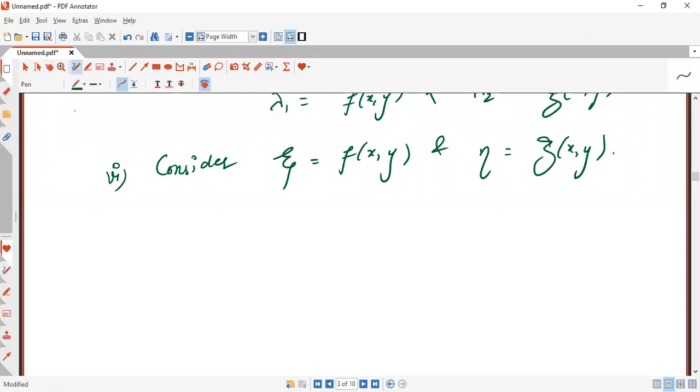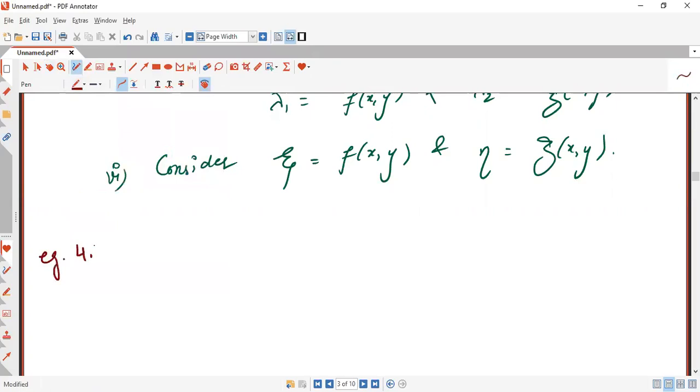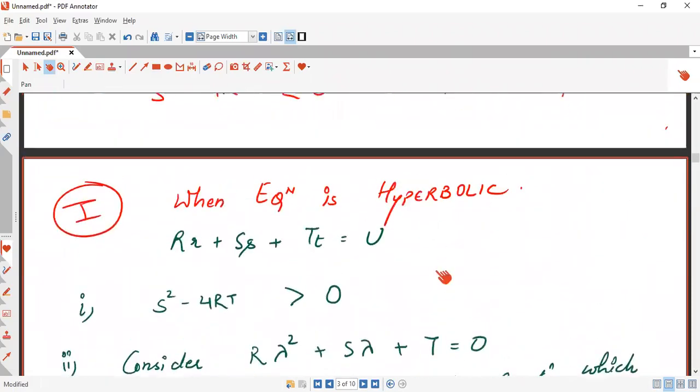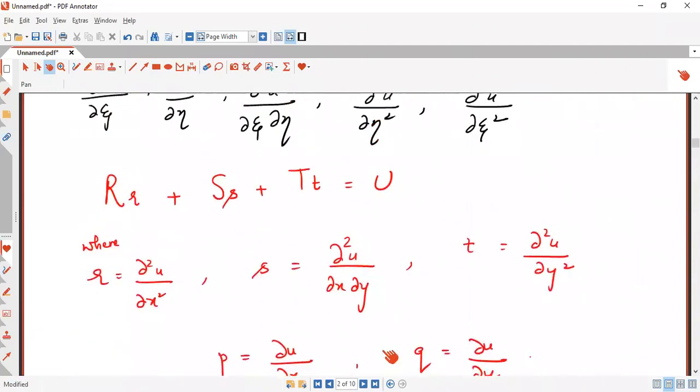In this example, 4.3.1. Consider the equation 4uxx plus 5uxy plus uyy plus ux plus uy equals 2. Don't get scared with this ux and uy. We have considered already that the remaining part equals u. This u could be in terms of anything.